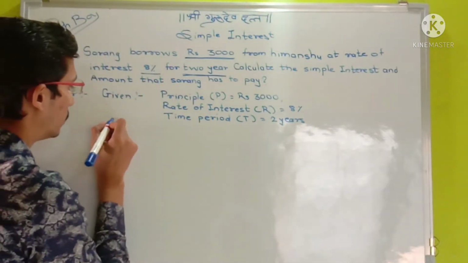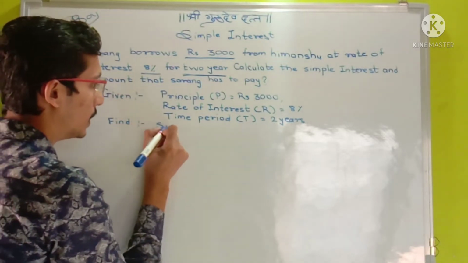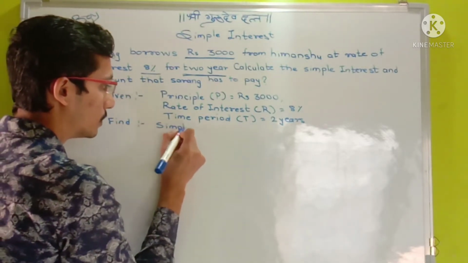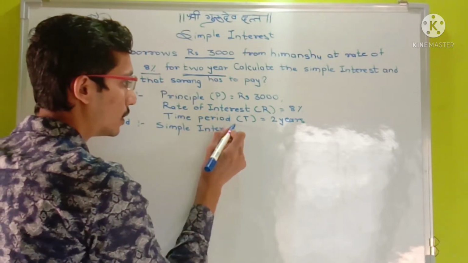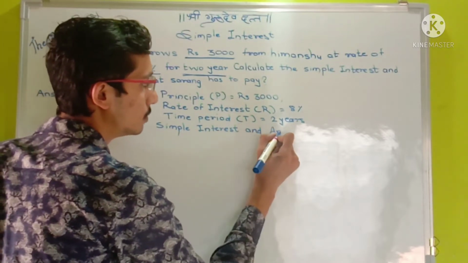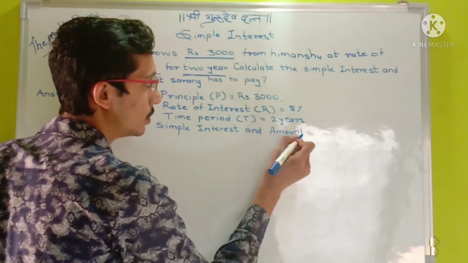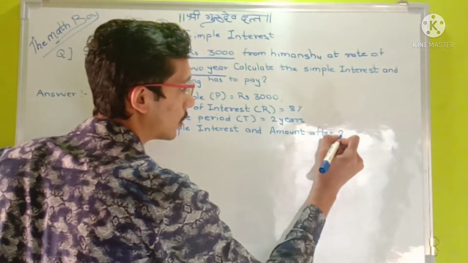What do we have to find? We have to find the simple interest and the amount after 2 years.